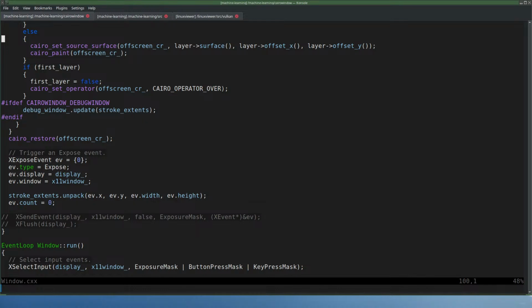So I'm still wondering why it's not showing certain things at all.